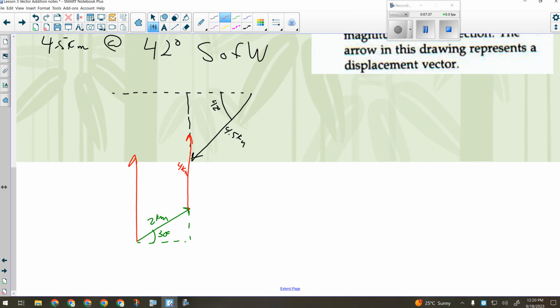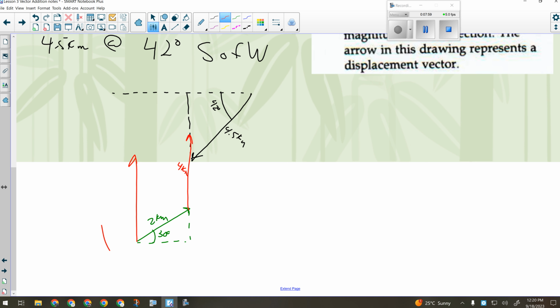Some people like to go this way, some people like to go this way, and some like to go both ways. Can you go both ways? Not unless you can split yourself in half and walk in 2 directions at the same time. No, you can't. But that's what this diagram is saying. It says you literally split in half, and half of you went that way, and half of you went that way. That's not what's happening here.